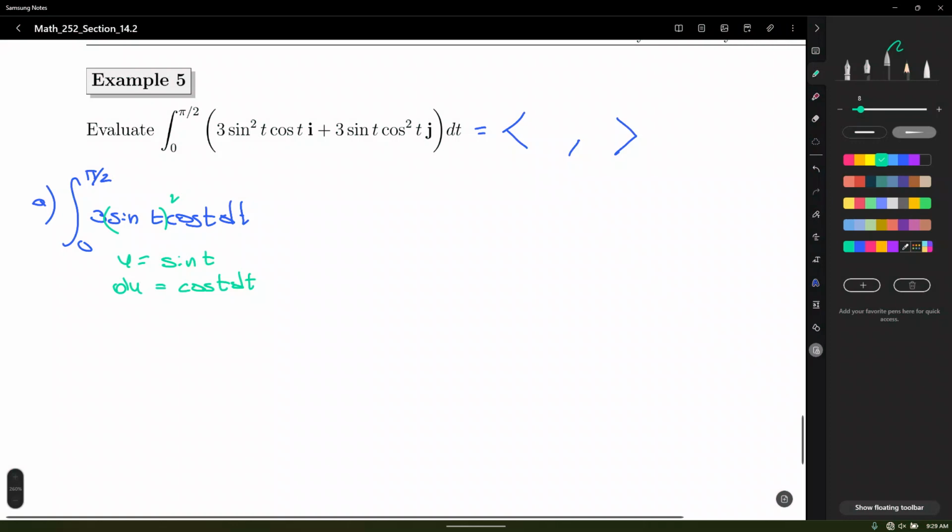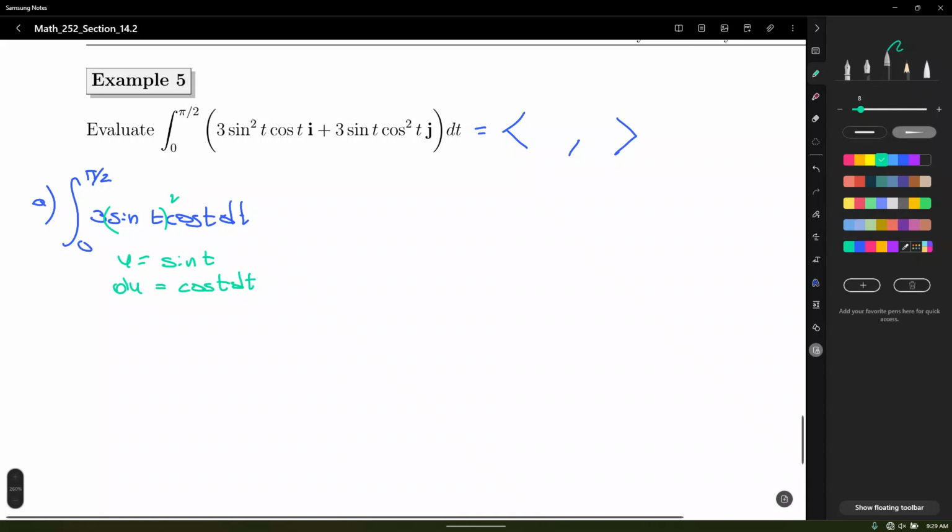However, the correct way technically to evaluate an integral, because this is what we're doing, every time we're doing a u substitution, we are trying to solve a complicated problem in the world of t or in the world of x. So we're sending it to the world of u to simplify the problem, solve it in the world of u, and then once you're done, go back to the world of x, or well, in this case t.